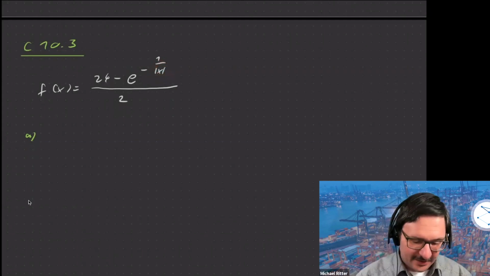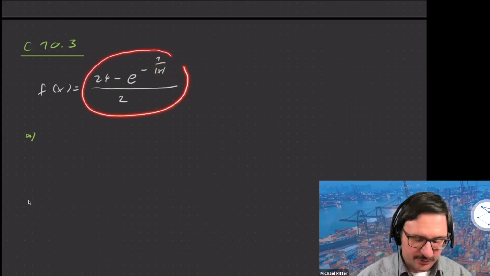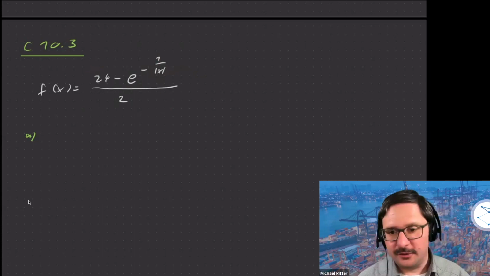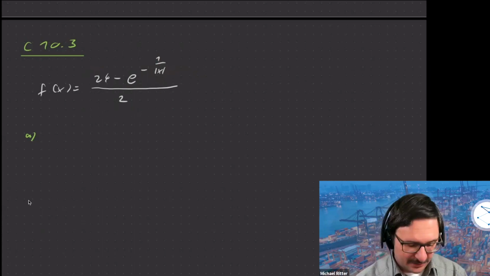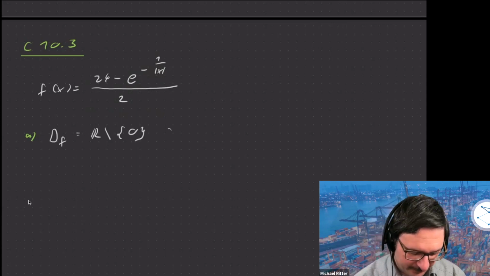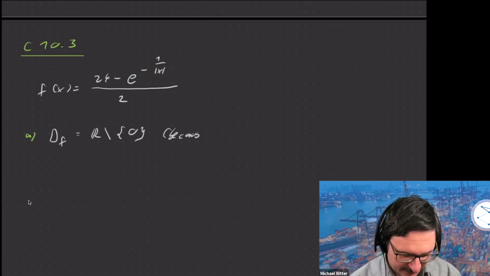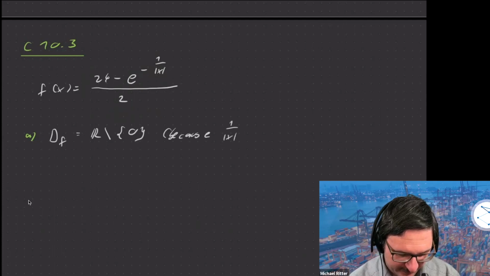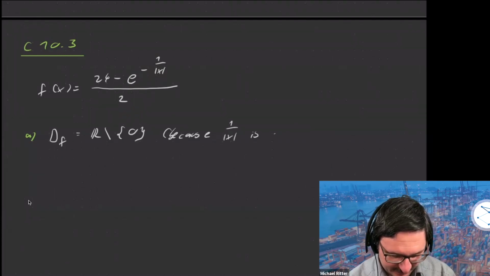For all other values, this expression is well defined, and we can compute a function value. Okay, so the maximum domain of f, D_f, is all reals with the exception of 0, because 1 over the absolute value of x is not defined at x equals 0.